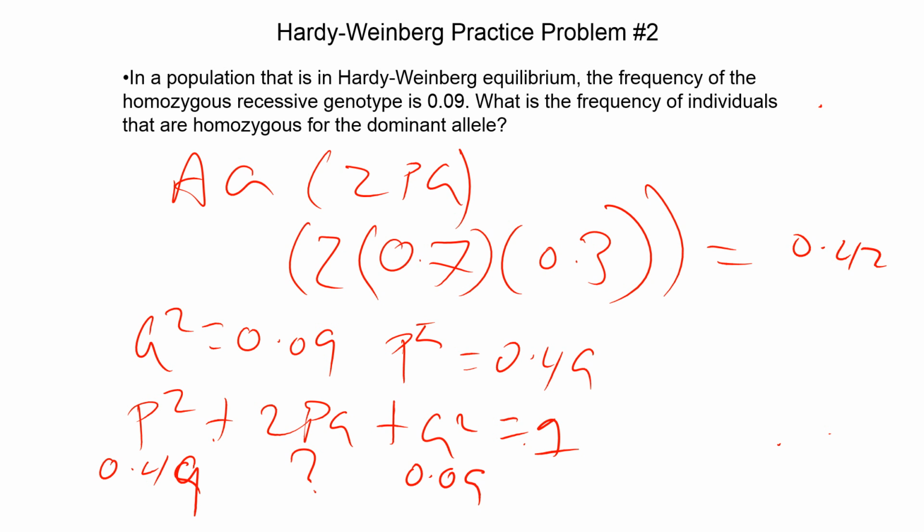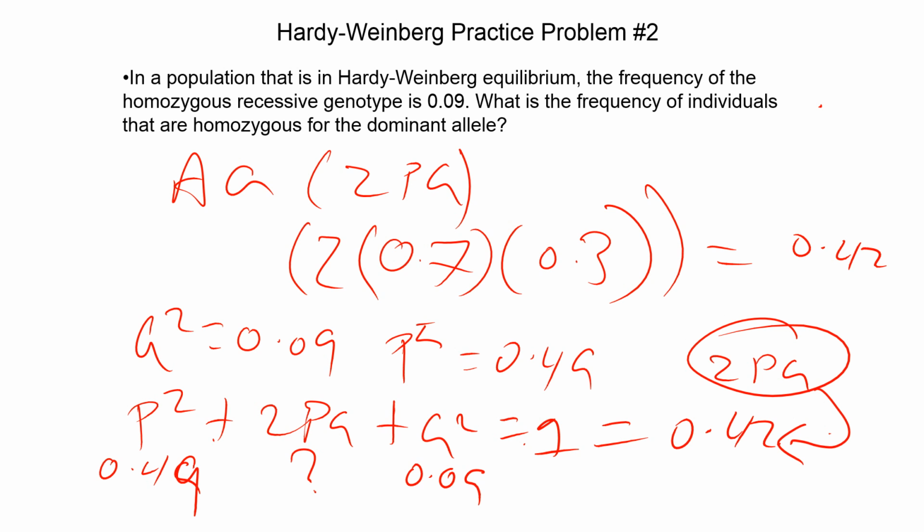So all you do is move everything over to the right side of the equation, and you're left with 2pq. Then you subtract 1 minus 0.49 minus 0.09, and you're left with 0.42 for 2pq. So there are many ways of finding the answer.